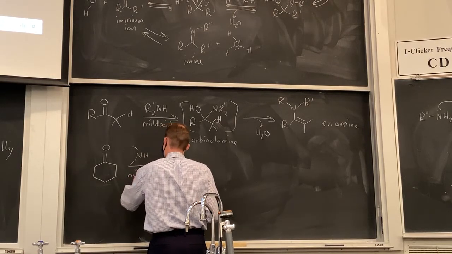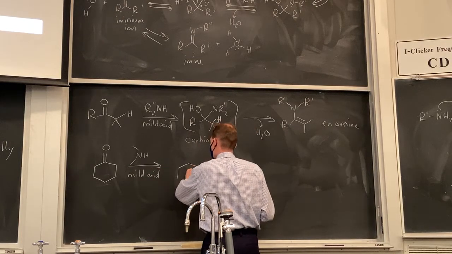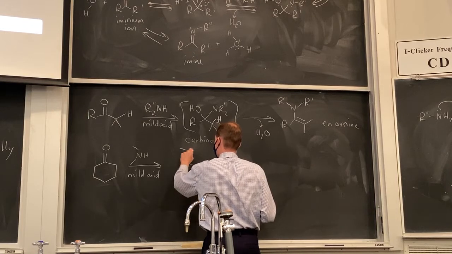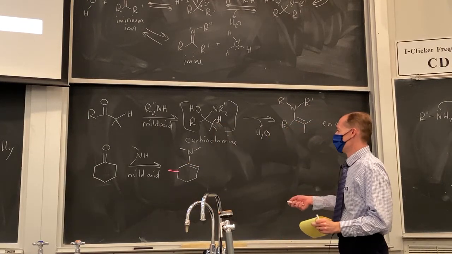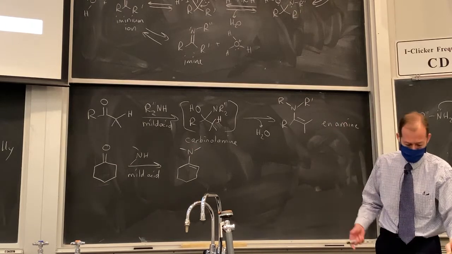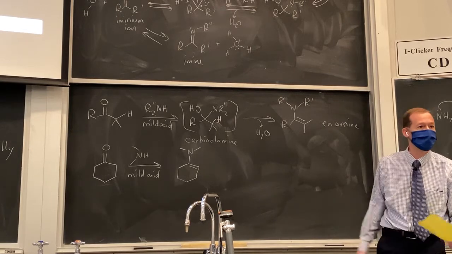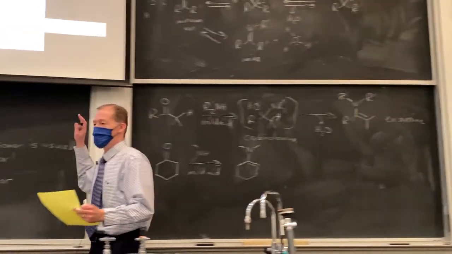So here's an example of that. We've used cyclohexanone. We're reacting it with dimethylamine. And because these alpha hydrogens are equivalent to each other, there's only one enamine product that can be formed from that reaction.